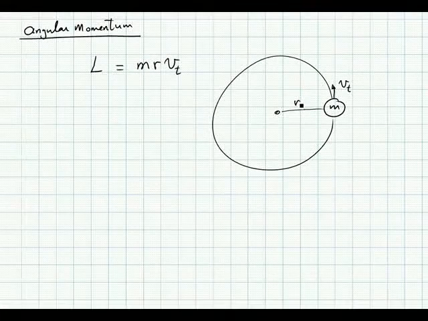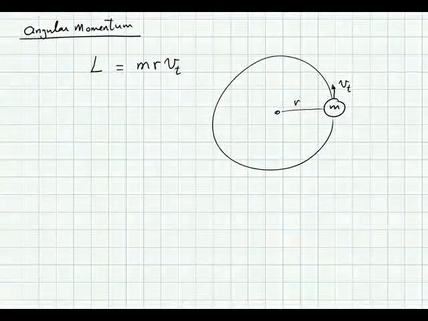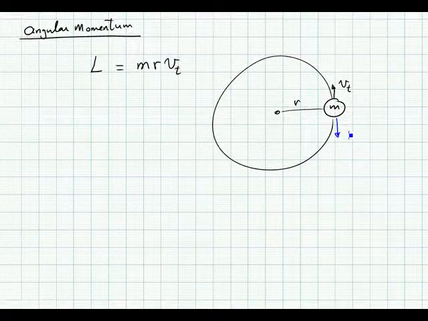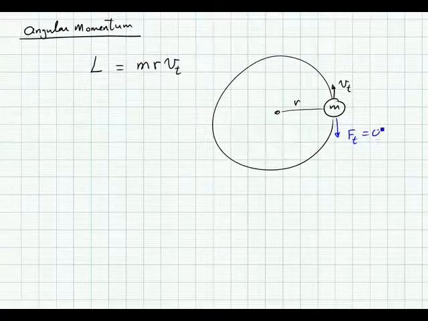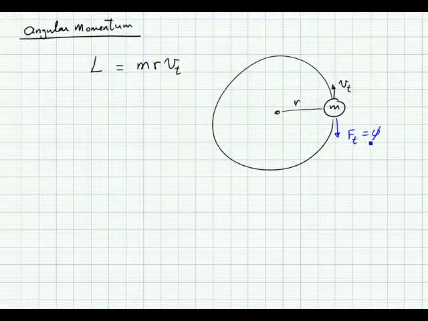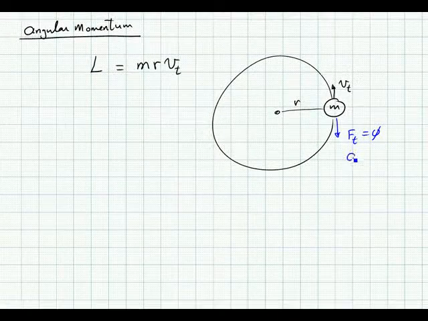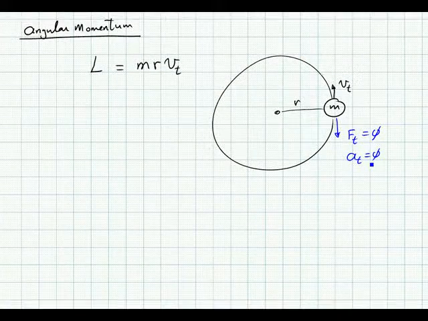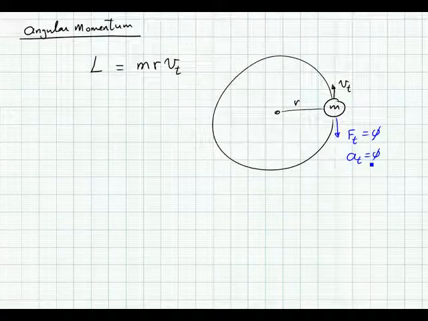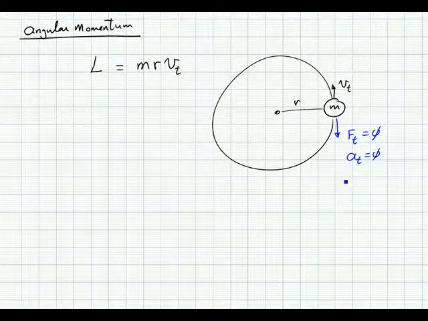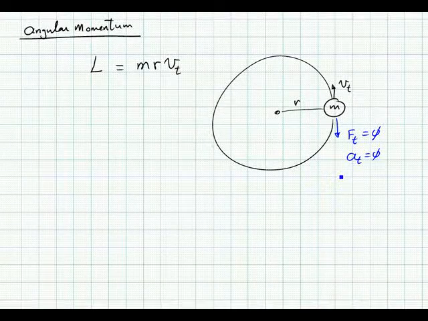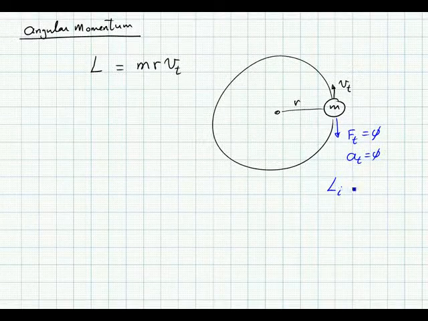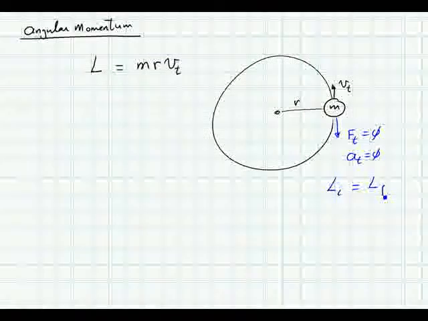And similarly, just like linear momentum, if the tangential force Ft is 0, then that means that there is no tangential acceleration, i.e. Vt remains constant, which means that angular momentum initial will equal angular momentum final.